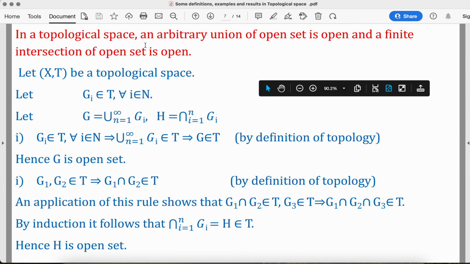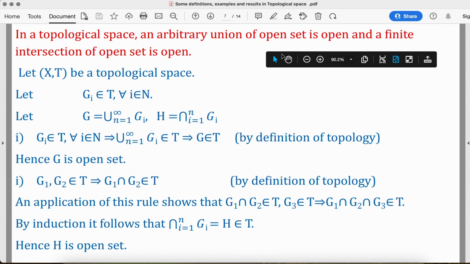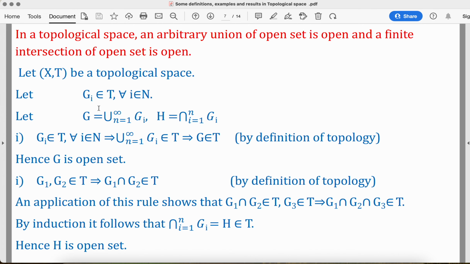Now we will show that in a topological space an arbitrary union of open sets is open and a finite intersection of open sets is open. Actually, this is by the definition of a topological space. Let (X, T) be a topological space and Gi belongs to T for all i belonging to N. Suppose N means the set of natural numbers.